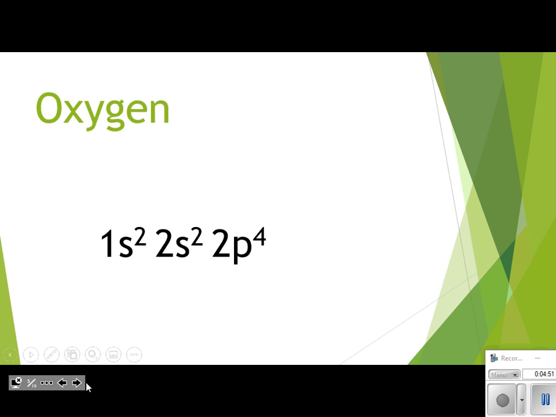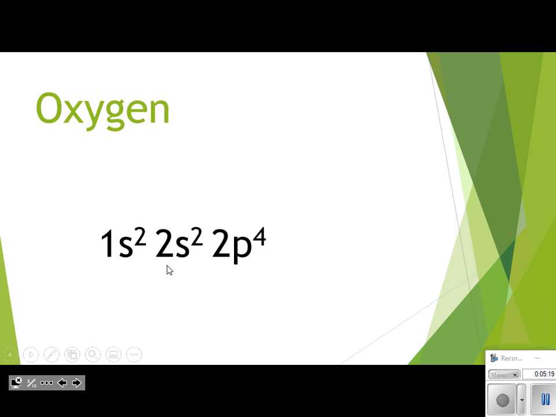Now, what is our outermost energy level here, folks? Not the sublevel, just the outer level. Just the second, right? We only have two energy levels here. Here's energy level 1, here's energy level 2.